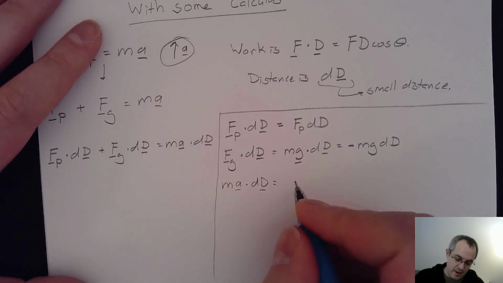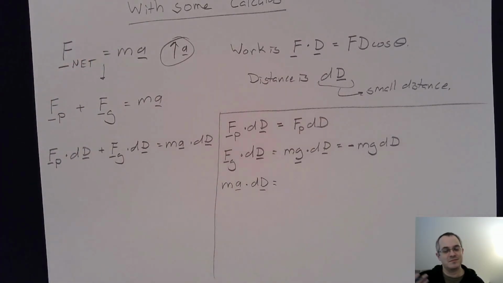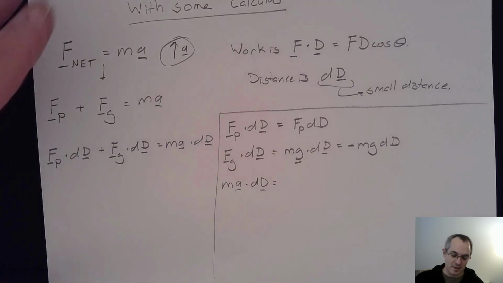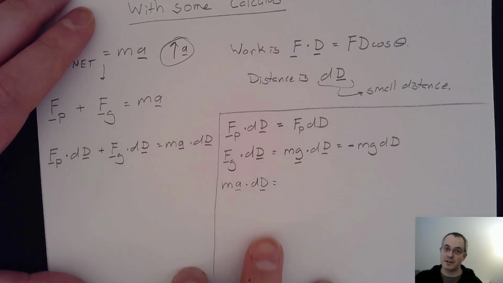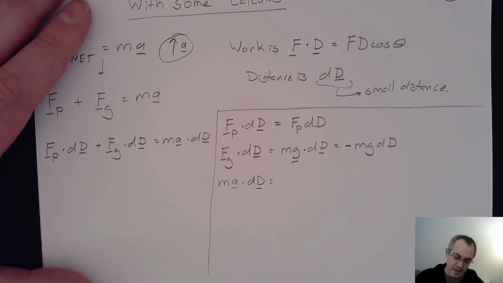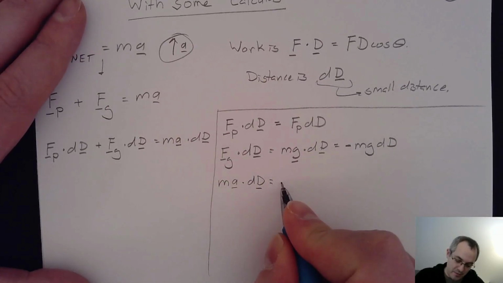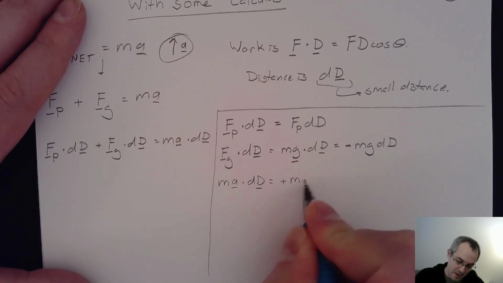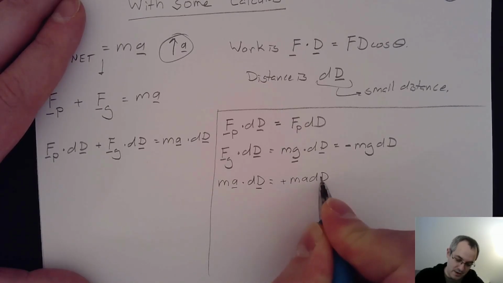That's because we know we have to fiddle about with positive and negative signs, and there's some stuff we'll do just to make our lives easier because of the limitations we're setting for ourselves, working with only a little bit of calculus or a little bit of algebra. So that means we're going to have plus m a dd.